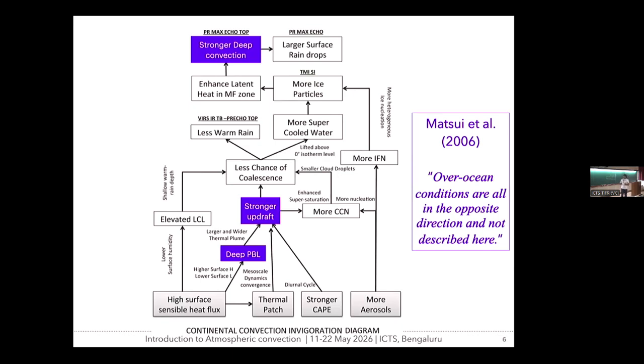And this is the explanation tree that they use for why deep convection occurs typically more over continents. Essentially, it's a deep planetary boundary layer and stronger updraft, and eventually they get more deep convection over continents. And it's the opposite for oceans.